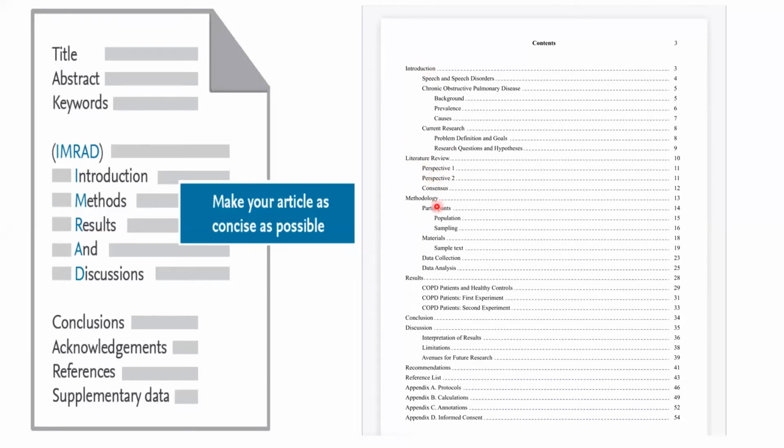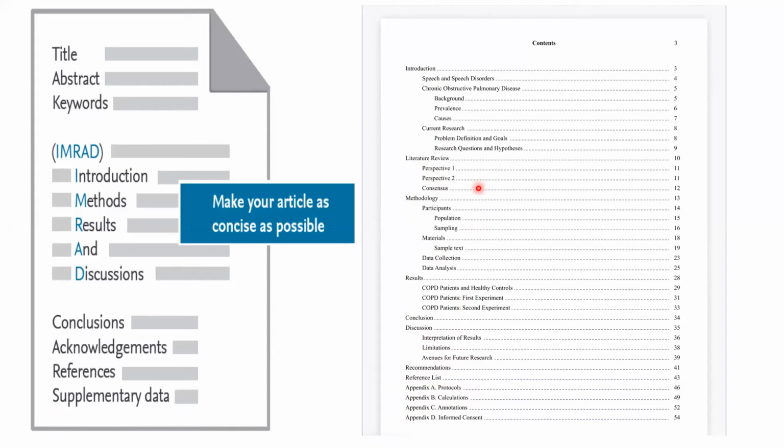Then the methodology, like participation, population, sample, with the results, conclusion, discussion, and also the recommendations, the references, and the appendices. There are A, B, C, D, four appendices here. This cannot be available in the paper; this is only in the thesis. So this is the main thing, the key points you need to keep in mind.